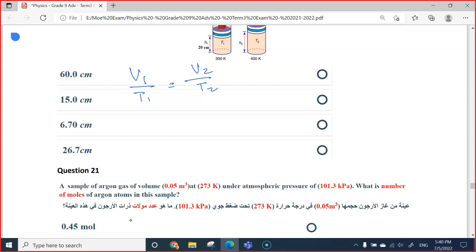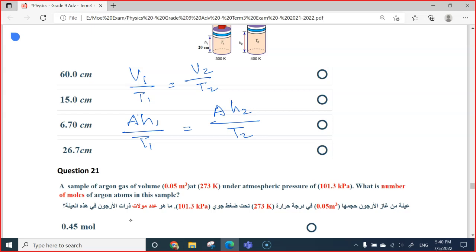So here for volume I will write cross-sectional area into H1 for volume 1, divided by T1, and for volume 2 I will write cross-sectional area A multiplied by H2, that is the final height, divided by its temperature in Kelvin, T2.